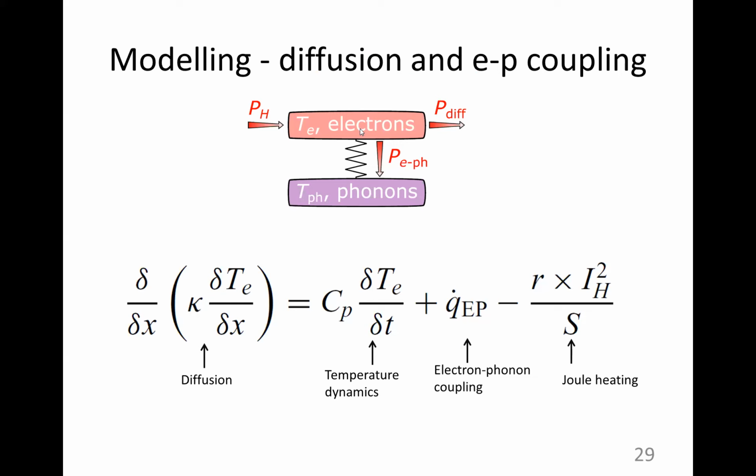But apart from that, we have the thermal link between electrons and phonons. So electrons can emit phonons, and the following differential equation looks like below. We have a diffusion part, temperature dynamics, electron-phonon coupling, and Joule heating that actually introduces the quasi-particles. So we must heat for some time before we are able to observe the diffusion.